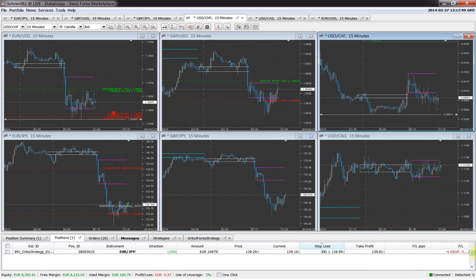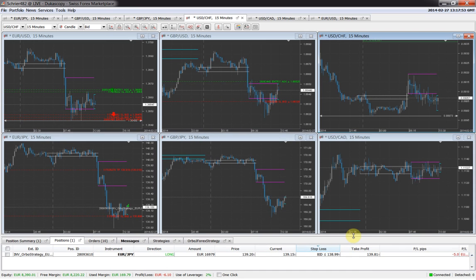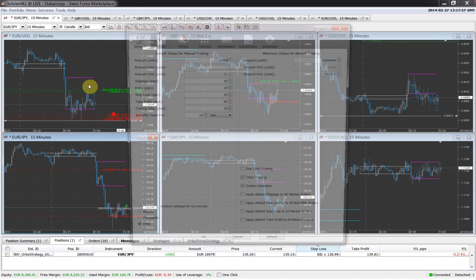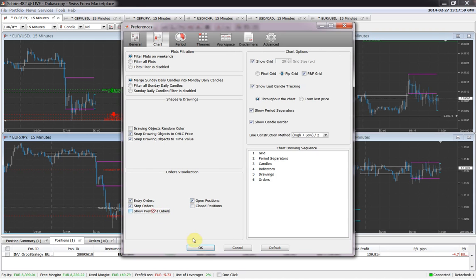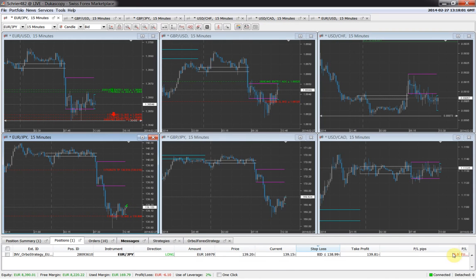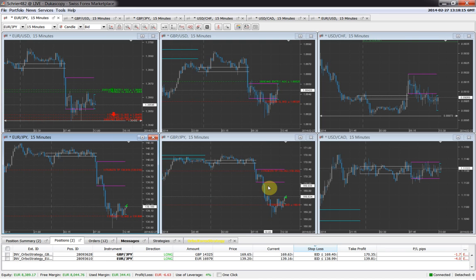We are long euro yen. Okay. We are long euro yen right now. It triggered it. Right now 4 pips in negative. Let's see what happens. Okay, we are long pound yen also.